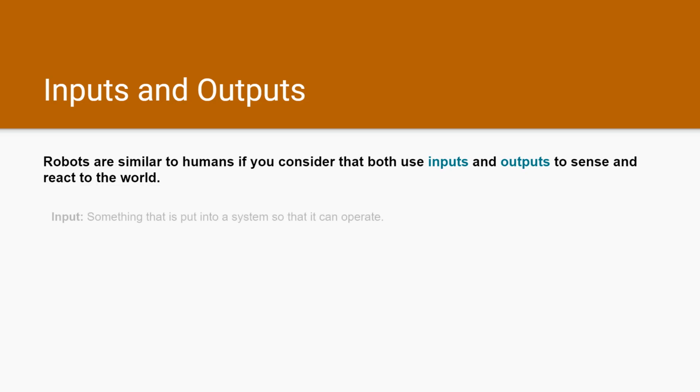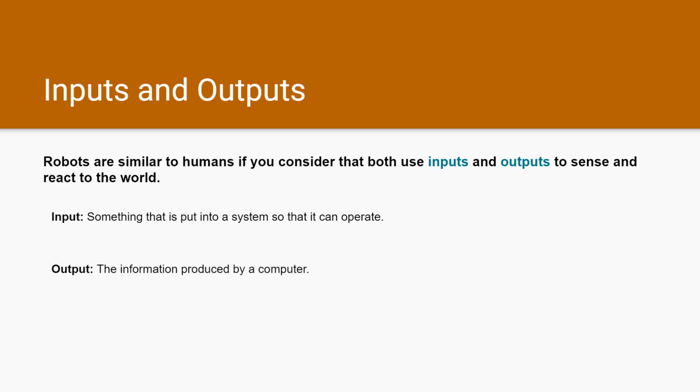But also, the literal definitions: an input is something that you put into a system so that it can operate. So in the case of the VR SDV, self-driving vehicle, that robot on that VEX VR thing, the input is the code, the blocks that you put in, and then the output is what it does as a result of that.